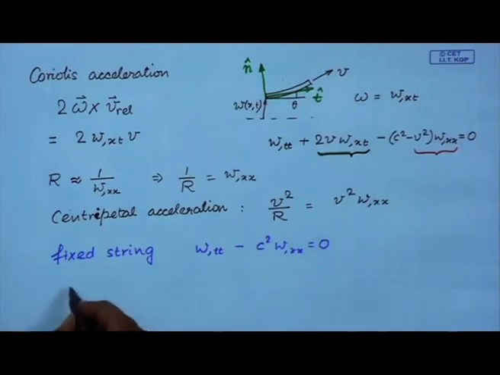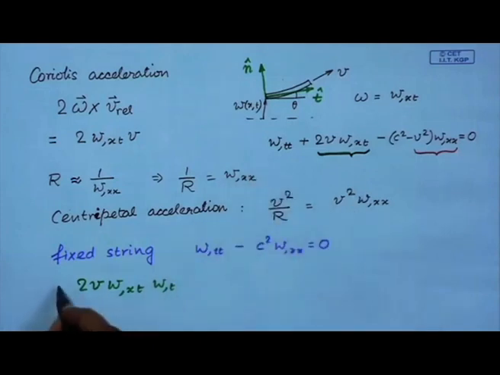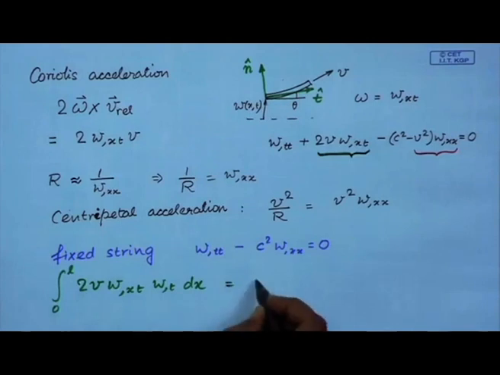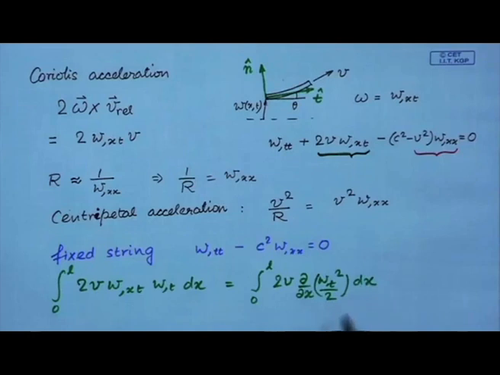So, to see that, we will follow the procedure we had followed previously while discussing damping in continuous systems. We multiplied the whole equation with the velocity and integrated it over the domain of the string, and this happens to be... This can be simplified and written like this.